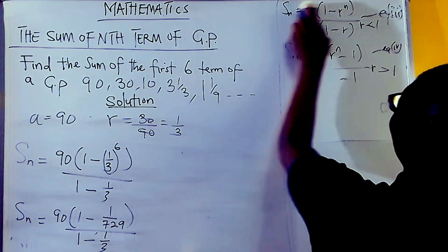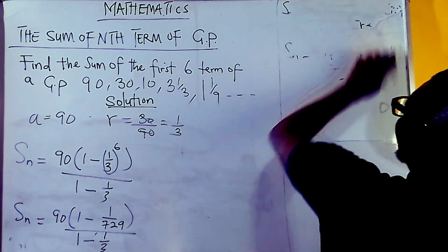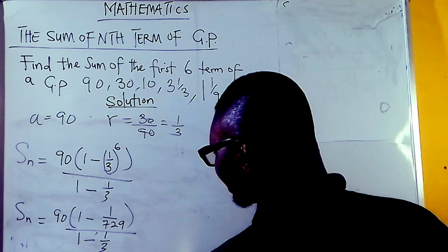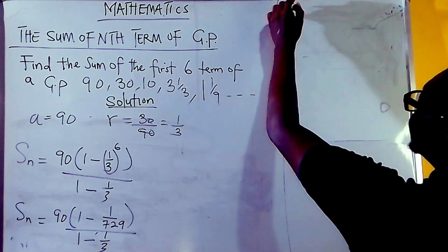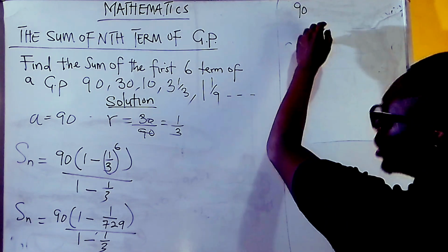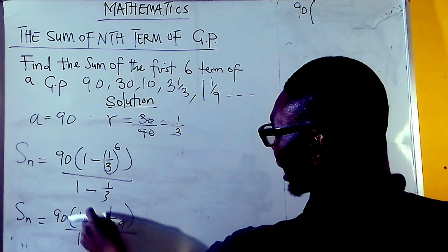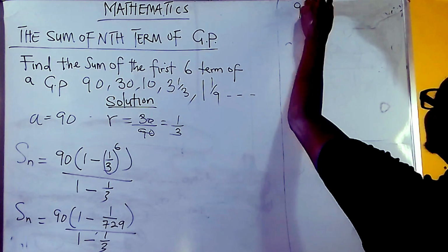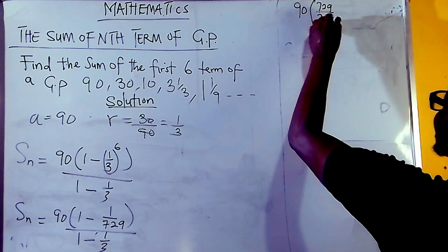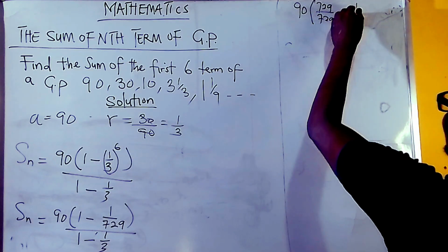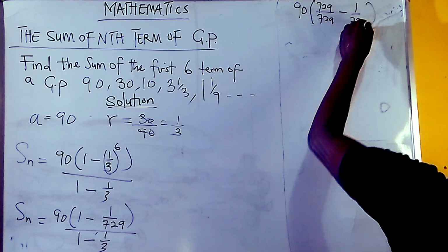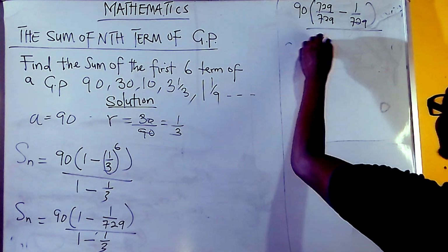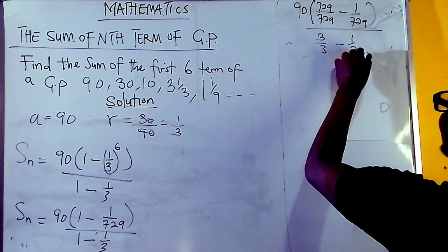So at this point, we've simplified further. So we now have our 90, and I can make this an equivalent fraction. So 1 will now be 729 over 729 minus 1 over 729, all over 3 over 3 minus 1 over 3.